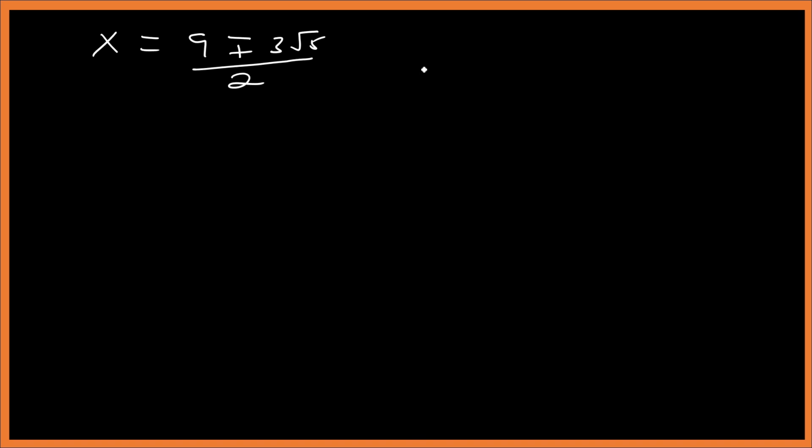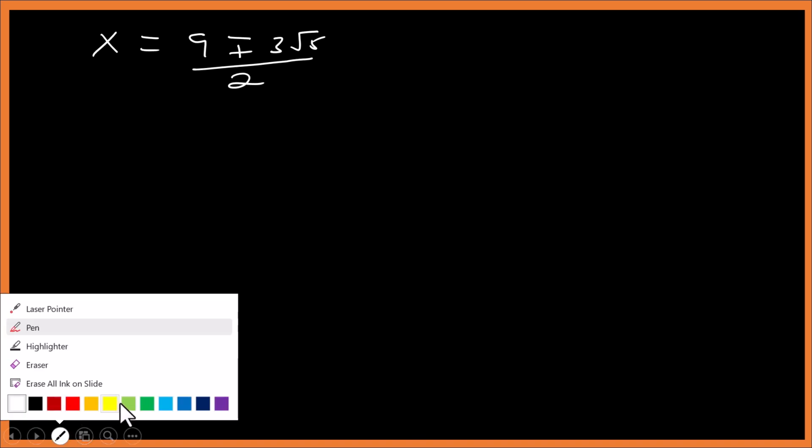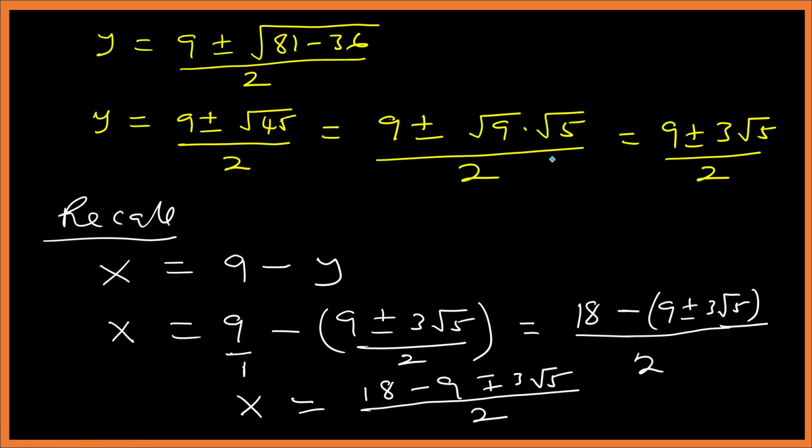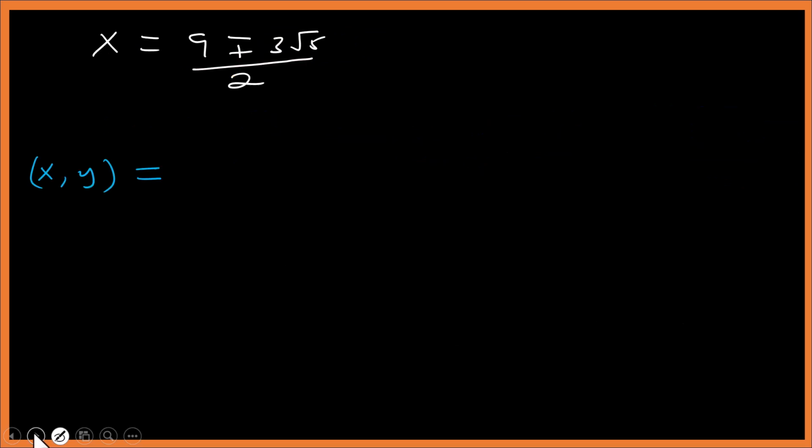Now let's observe the values of X and Y well. Now we have X and Y. This is Y, and we have that of X over there.